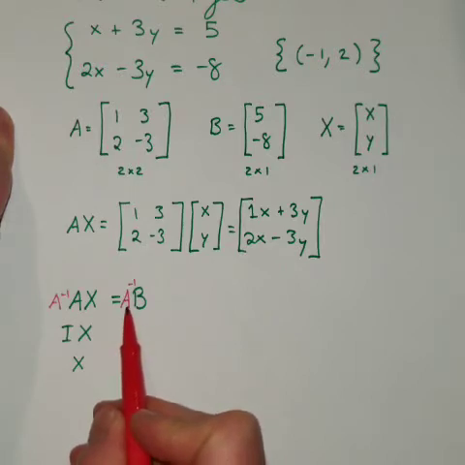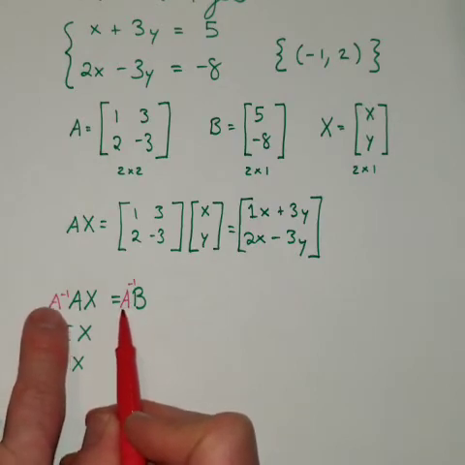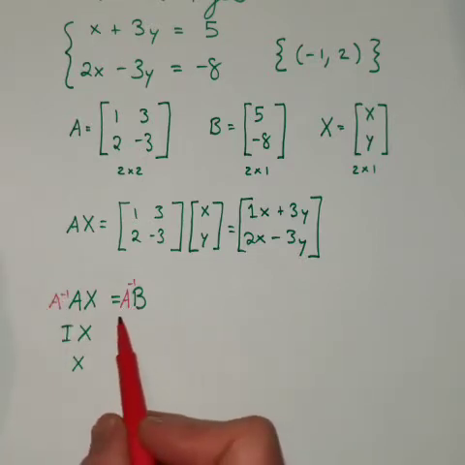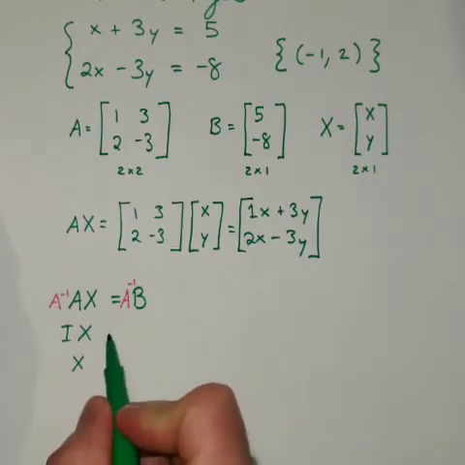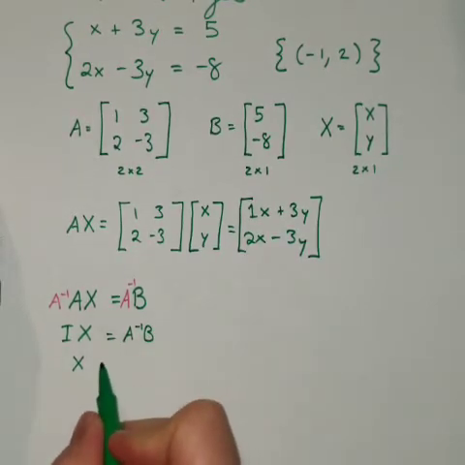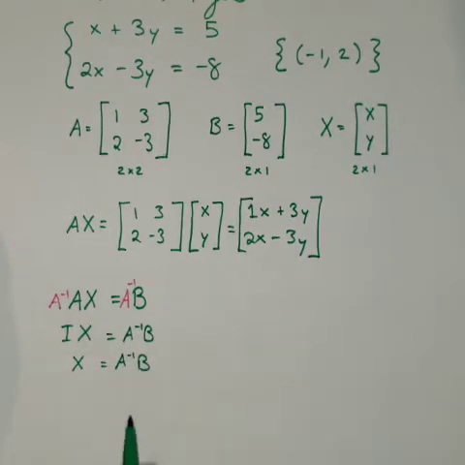That means that if you multiply them in a different order, if you change the order, you may change the answer. So we have to, we call it left multiply. We multiply both of these on the left hand side, because if I did one on the left and one on the right, it might change the answer. So I've got to be very careful to be consistent there. Then A inverse B is going to be the solution. In theory, the combination of A inverse B will give me the answer.